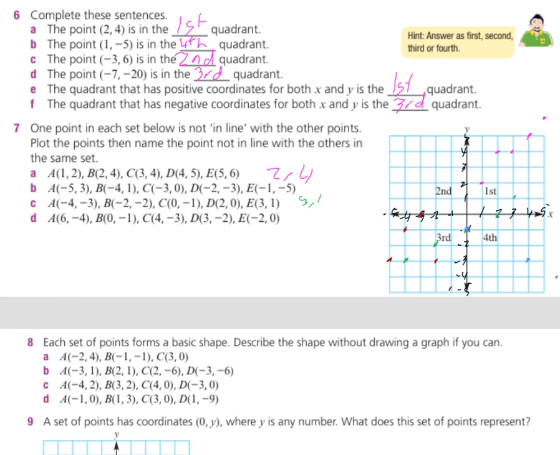Then it goes 3, minus 2. And then it goes minus 2 and 0. Wrong way. Minus 2 and 0. So that clearly should have been somewhere over here to keep it going diagonally. So again, that last one looks to be the one that's well out of whack.